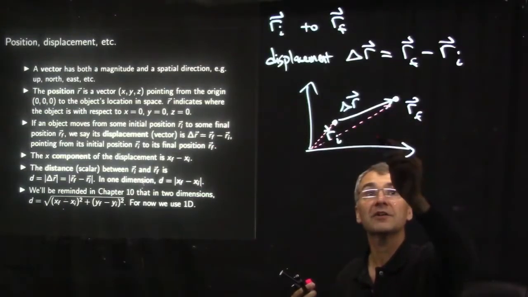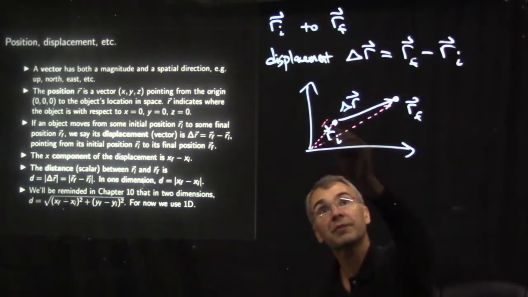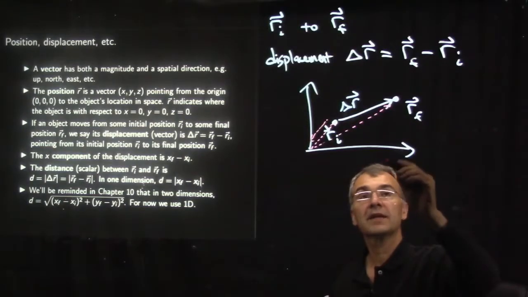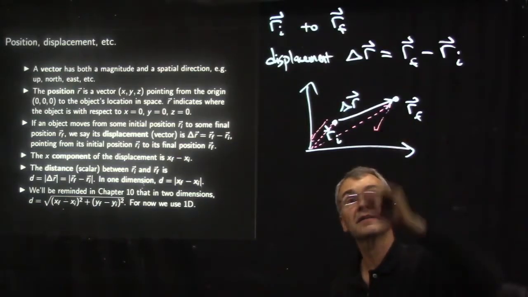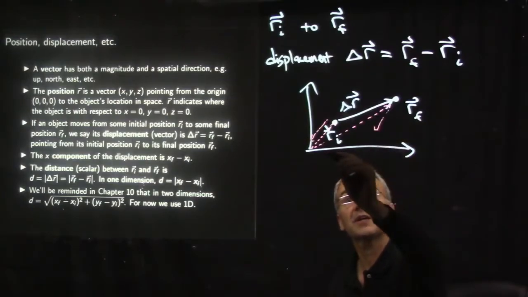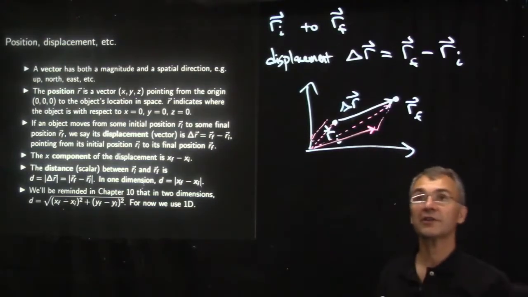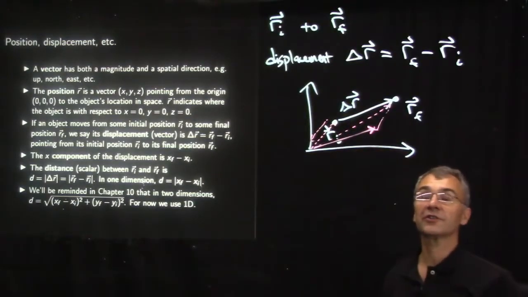We take R final and then we add to it the negative of R initial. The negative of R initial would point back this way, and then you could translate that over to here, and then you go tip to tail and you have a vector that goes from the origin to this point over here, and that is the same vector as this vector that goes from R initial to R final.